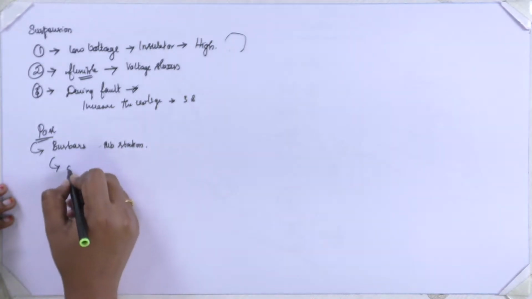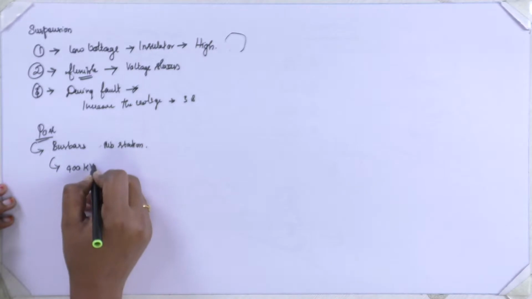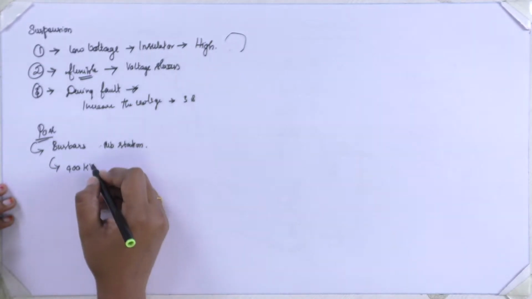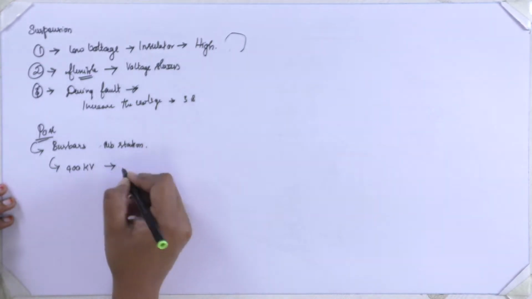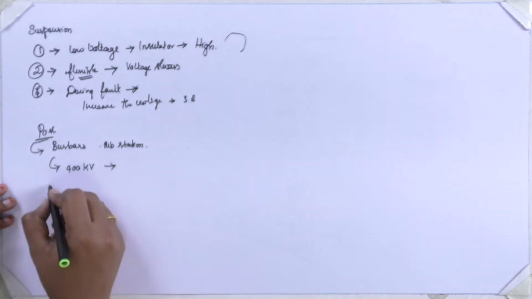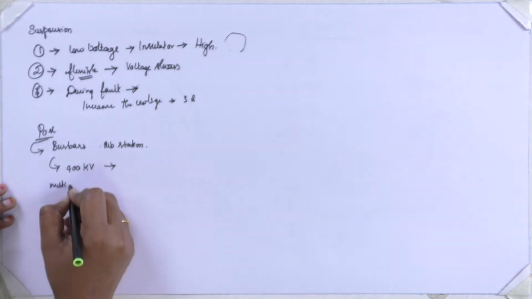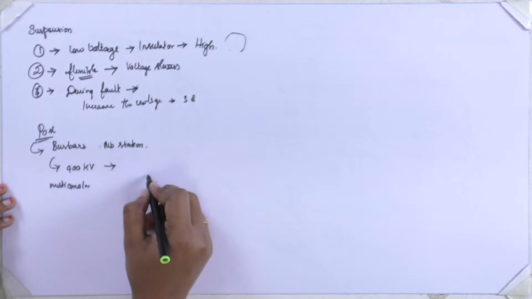So the voltage level for this post type is 400 kV. Post insulators are also called multi-cone insulators.